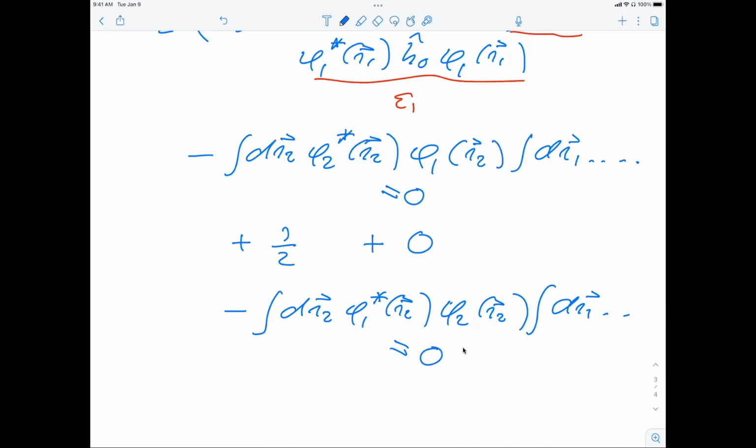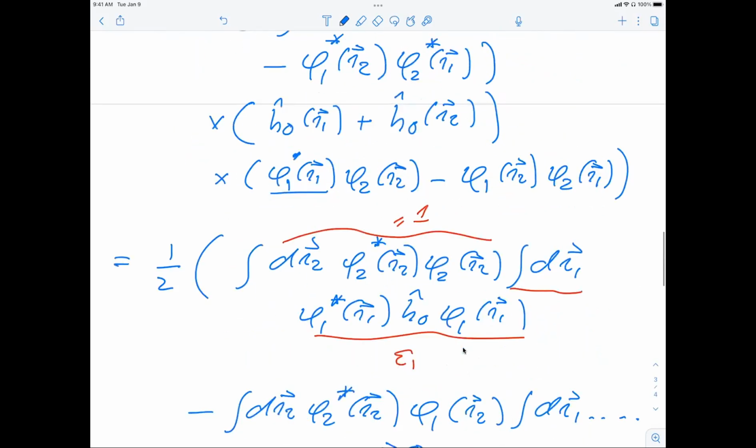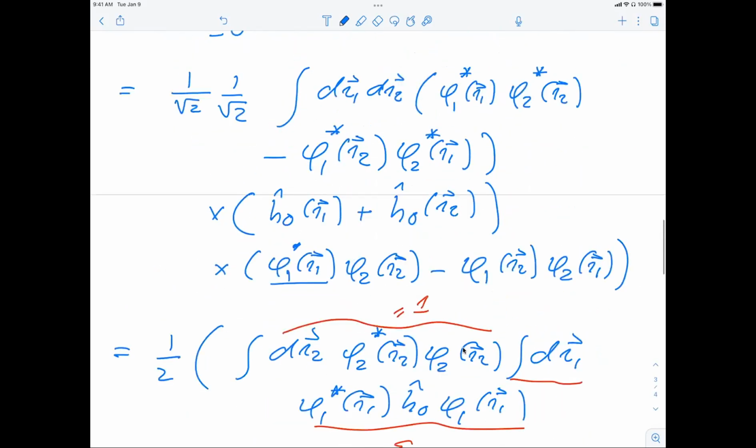So many of these terms disappear. All the terms which have a non-permuted term, which means the one which follows the normal ordering, which has a diagonal matrix element, and multiply it with a permuted one, mean that you will have different states which connect, and then the orthonormality kicks in, and it becomes 0. Actually, these kinds of terms have a specific name.